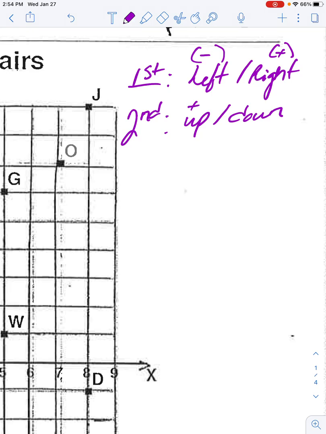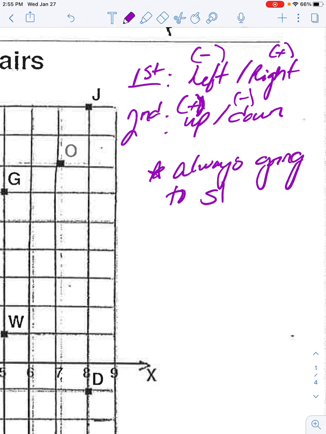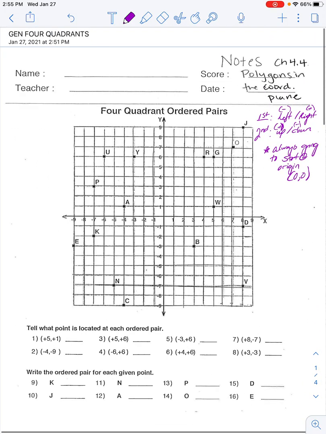If you go up, those are positive numbers. If you go down, those are negative numbers. And also, just put in here, you're always going to start at the origin. The origin is kind of like home base. We're going to start at 0, 0.